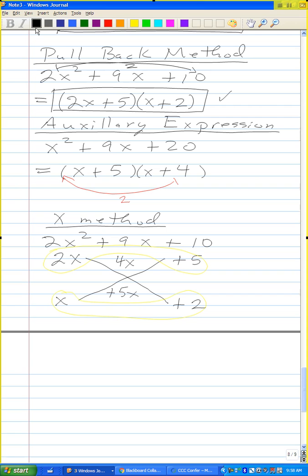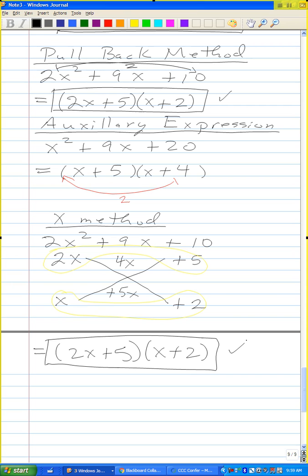And so I get 2x plus 5, x plus 2. So 2x plus 5, x plus 2. And, well, that's the same answer that we got above.